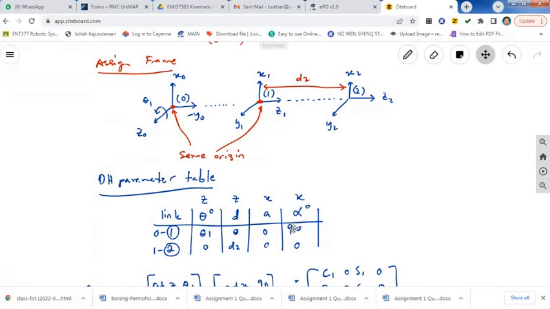This is not a rotation variable, this is your mechanical design. This is Z0, this is Z1.